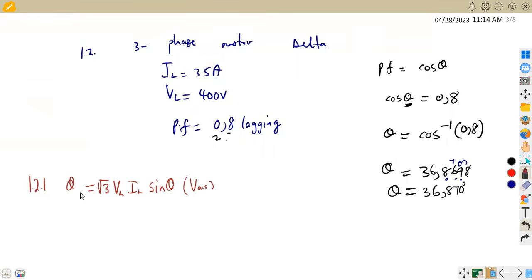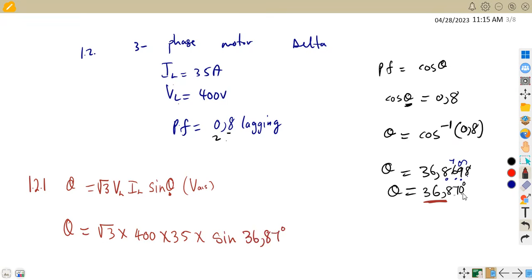This is the formula that you're also given in your formula sheet under 3-phase, under the reactive power. We can simply substitute into it, because these are line values. We are given line current and line voltage, so there's no need for you to calculate anything in phase. This is going to be the square root of 3 times the line voltage, which is 400, times the line current, which is 35, times the sine of theta, which is the theta that we calculated here, sine 36.87 degrees.